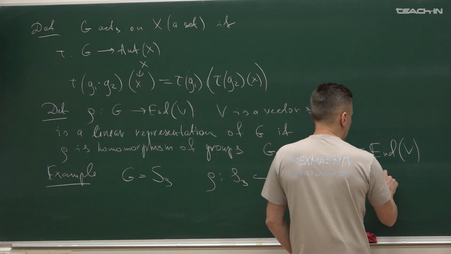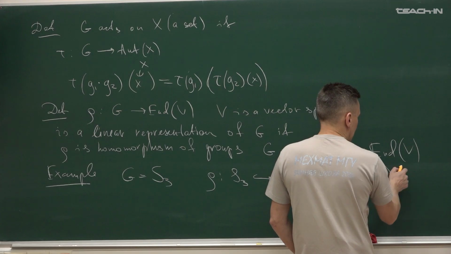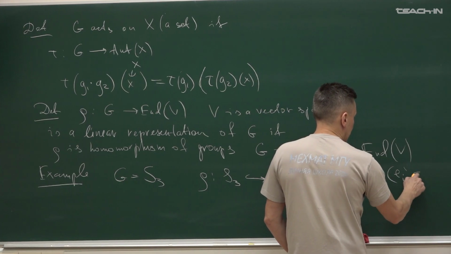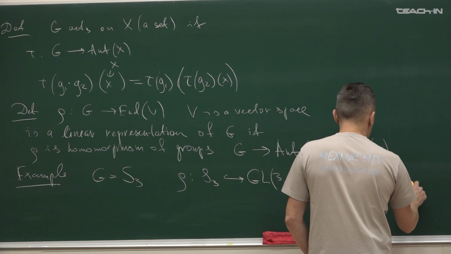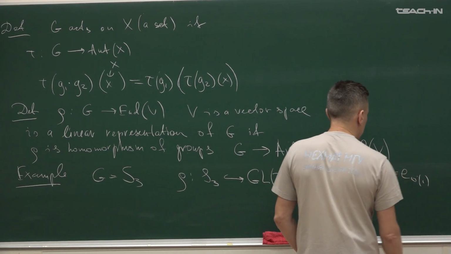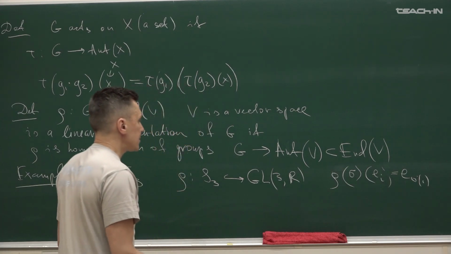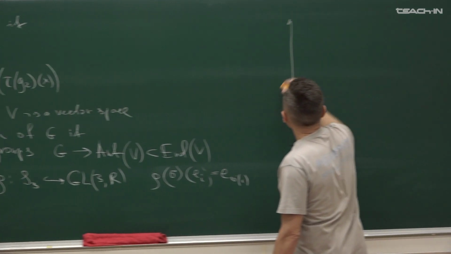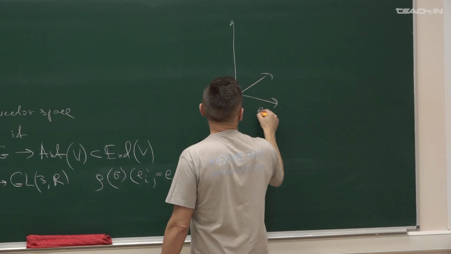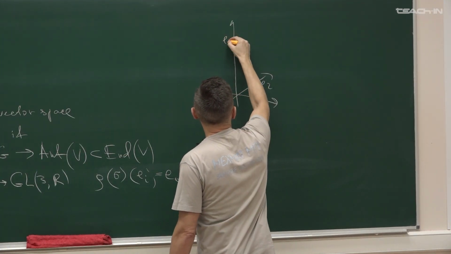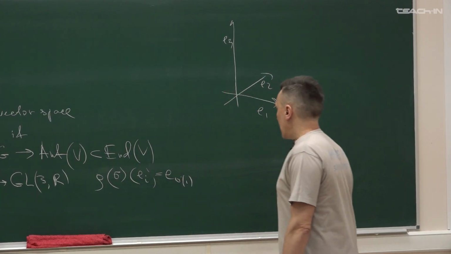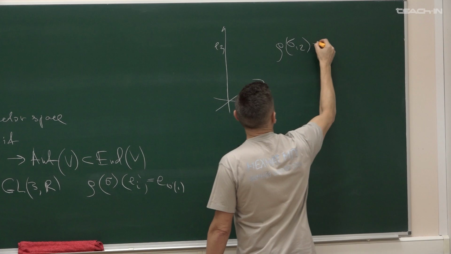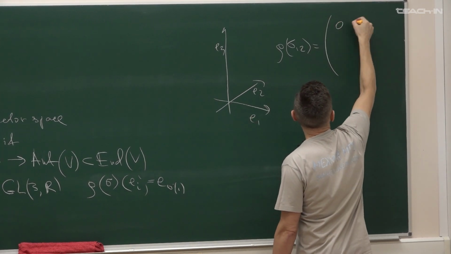Rho of sigma applied to the vector e_i is e_sigma(i). So it means that in our three-dimensional space, rho of sigma 1, 2 is a matrix.